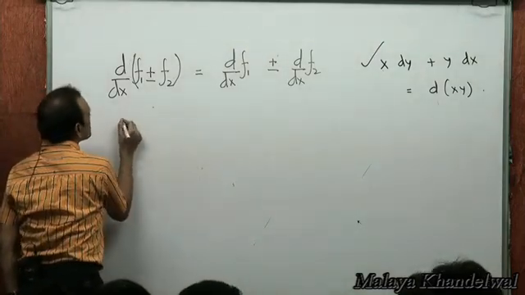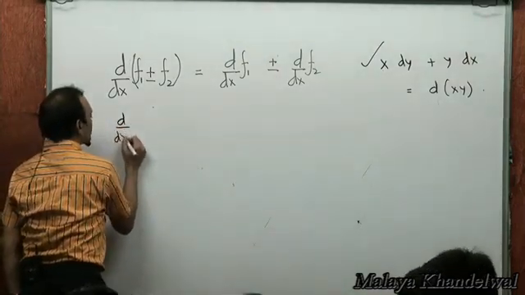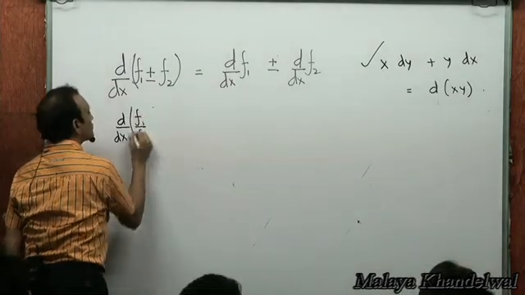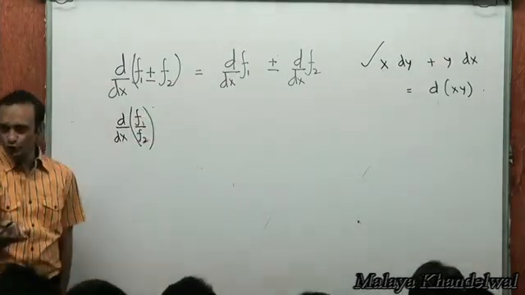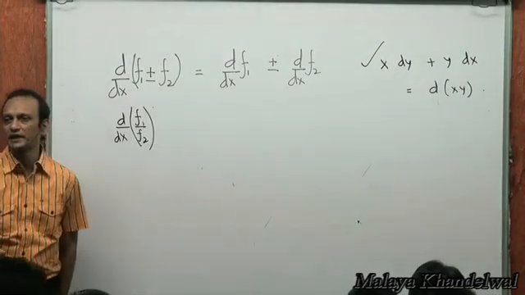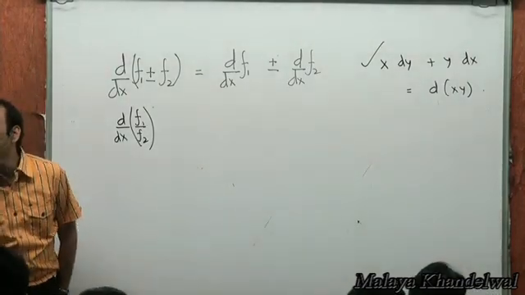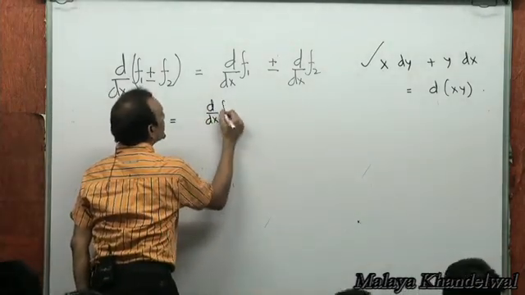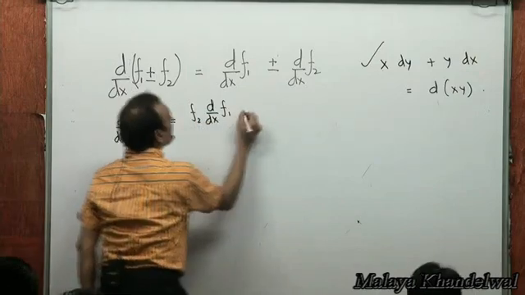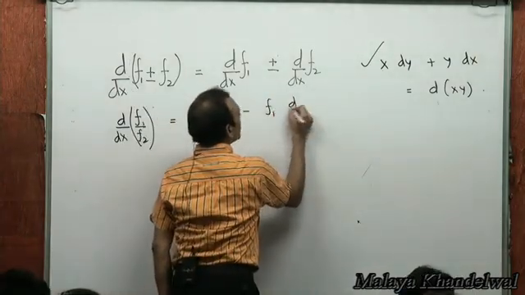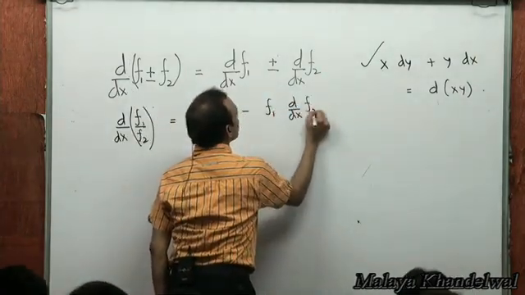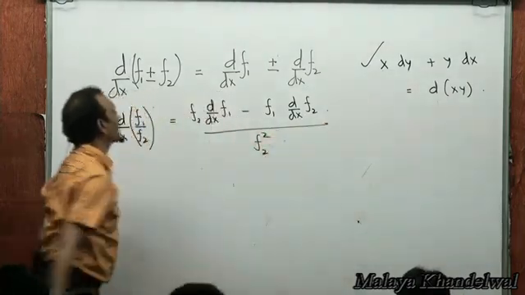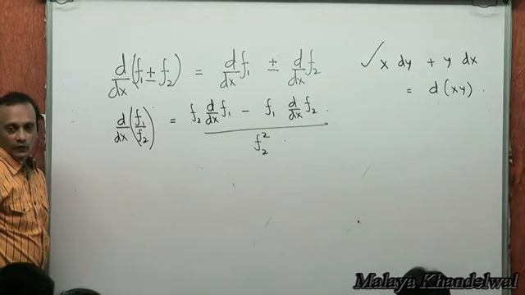Similarly, say d/dx of f1/f2, the derivative of the numerator into the denominator minus the derivative of the denominator into the numerator, divided by the denominator squared. So this is d/dx of f1 into f2 minus f1 into d/dx of f2, divided by the denominator squared. Right?